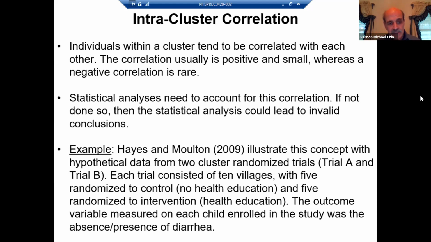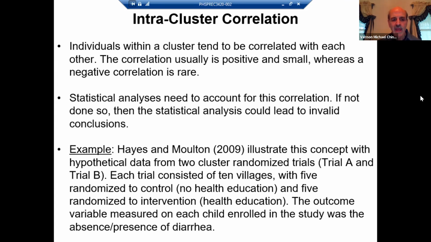So another example from the book by Hayes and Moulton, this is hypothetical data. Now, this is somewhat contrived, but it does get across the concept. So they made up these hypothetical data from 2 different cluster randomized trials.